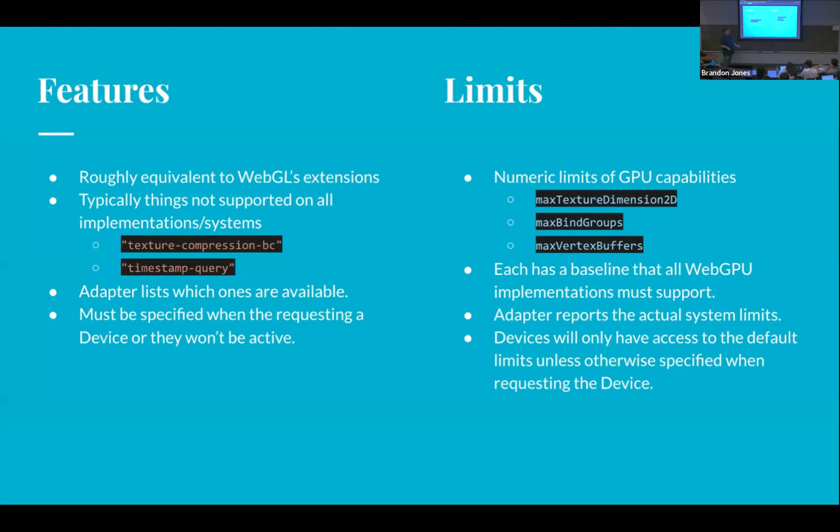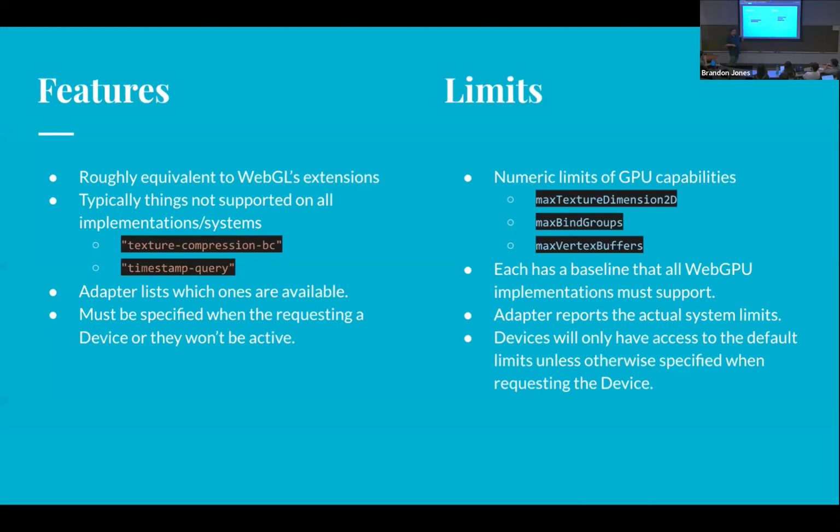Features are roughly equivalent to WebGL's extensions. They cover things that not every GPU is capable of, and oftentimes this falls into things like compressed textures. Compressed textures are a thing that every GPU could do, but there's patent reasons behind why some GPUs only do some formats. And so we can't guarantee access to them across the entire hardware spectrum. Therefore, they become a feature.